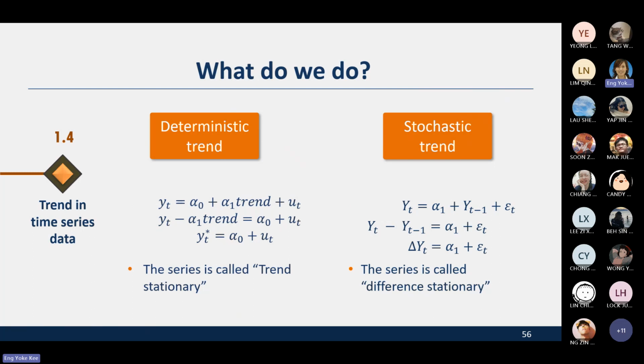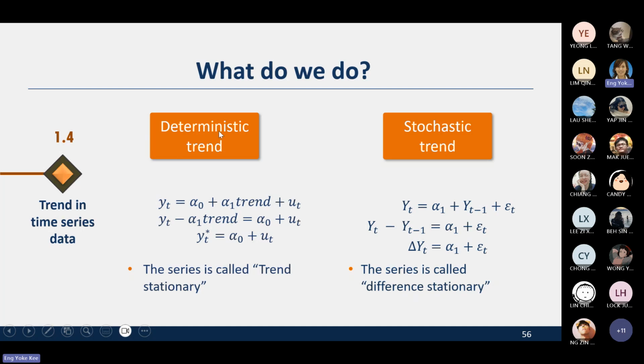In practice, most of the time our data can have a deterministic trend or can contain a stochastic trend. Most of the data has a stochastic trend pattern.